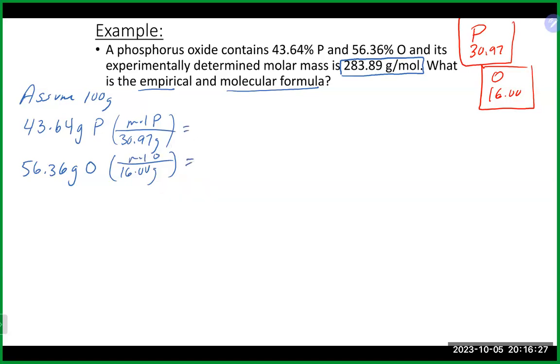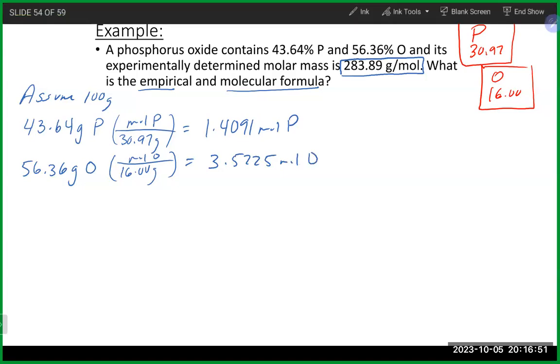That gives us, for the phosphorus, 43.64 divided by 30.97, about 1.4091 moles of phosphorus. For the oxygen, 56.36 divided by 16 gives 3.525 moles of oxygen.